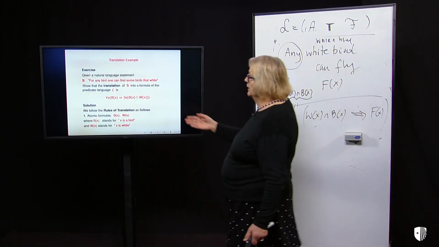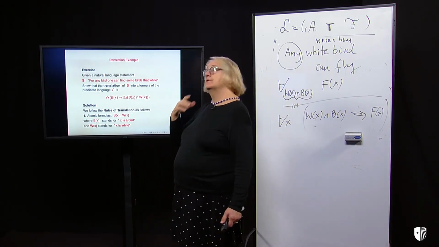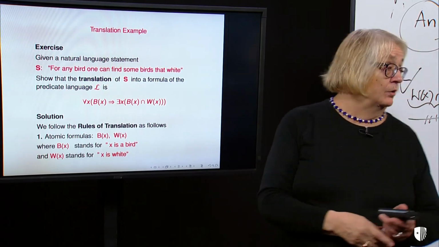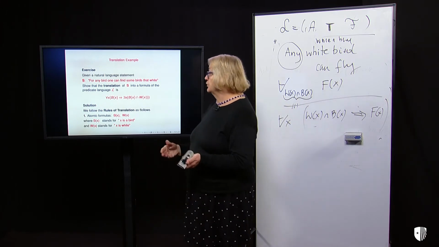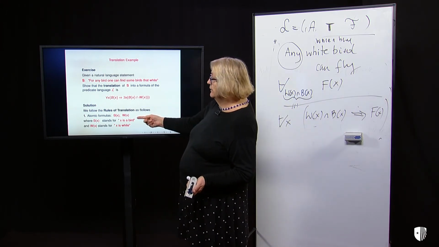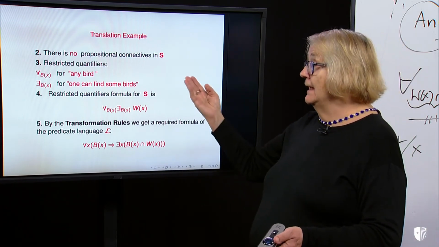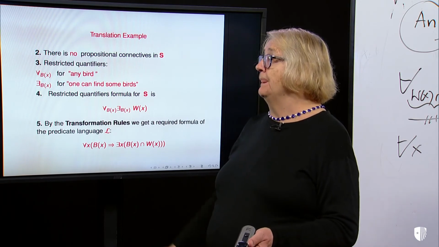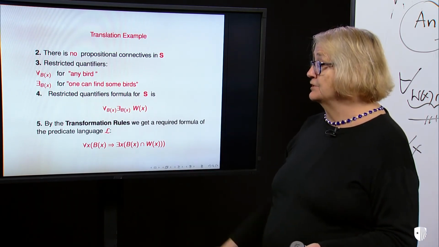So when you look at this, for any bird, one can find some birds that are white. Remember, these are called atomic formulas, right? So here you have bird, you have white, and then any bird would be for all bird. Now, for any bird, one can find some birds. What does it mean?